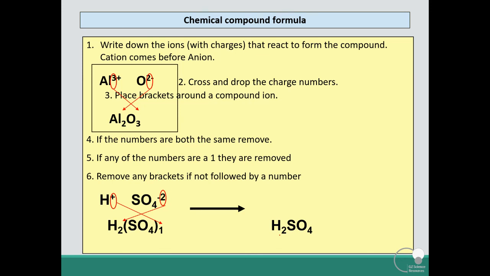A way we can write it down is we always write the cation first, and then the anion. We drop the charges and remove any brackets unless we need them. And then we get the compound.